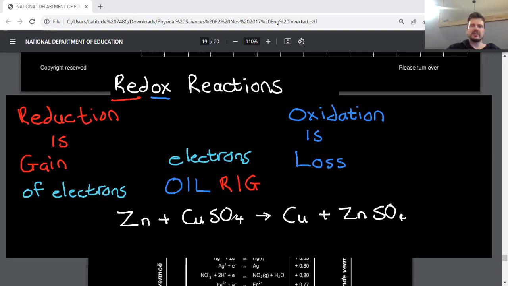You can see the SO4 is just a spectator ion, going along for the ride.